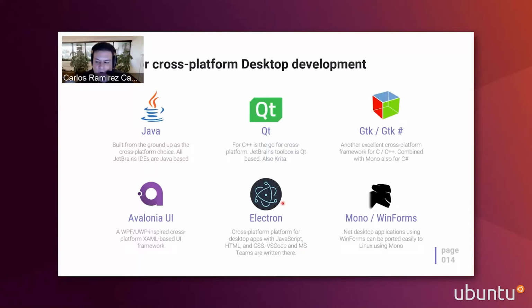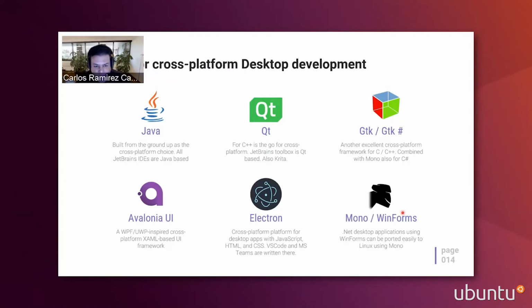Electron is based on HTML and CSS, and many applications, Visual Studio Code, Microsoft Teams, and many other cross-platform applications are made using it. Well, the last here is Mono. Mono is a cross-platform environment for .NET, and it also supports Windows Forms that can be ported easily.